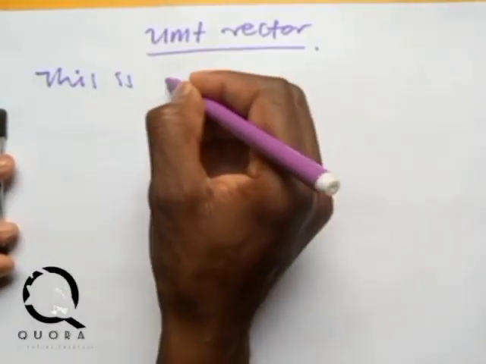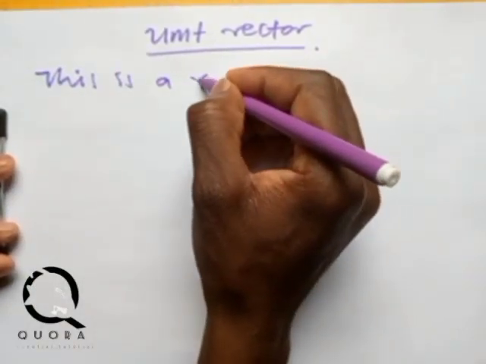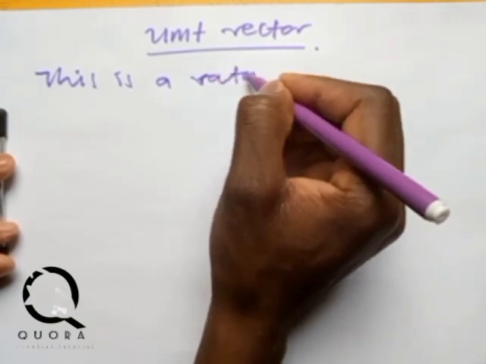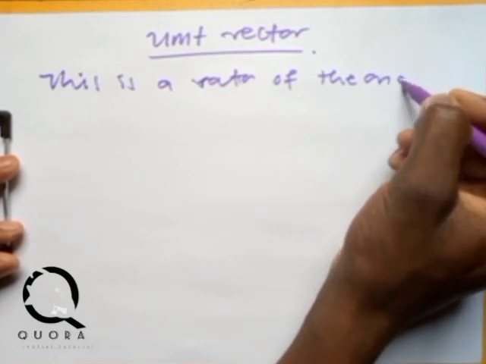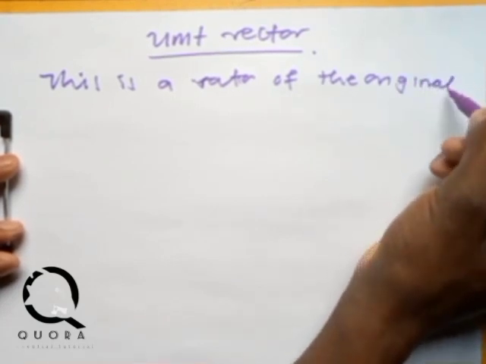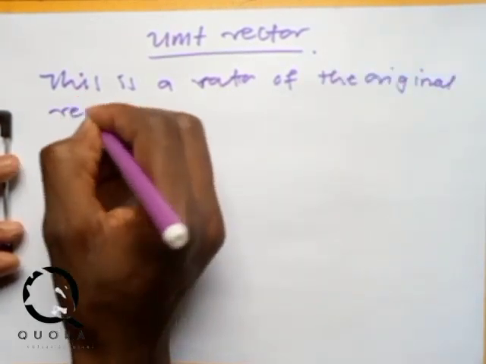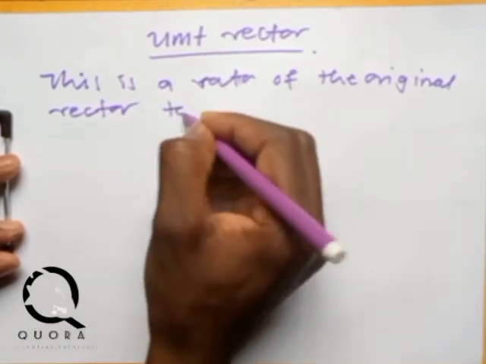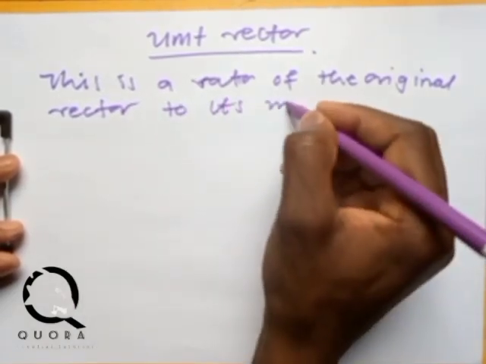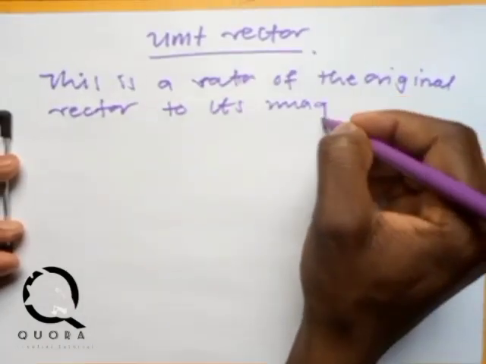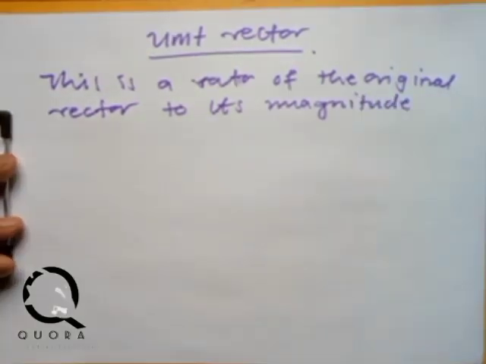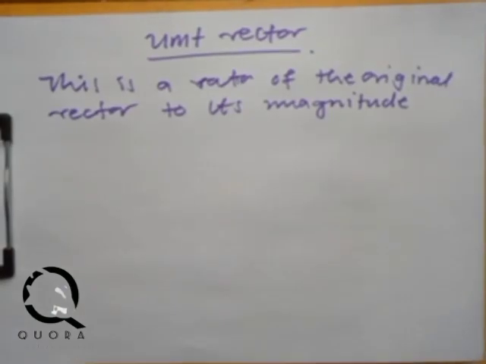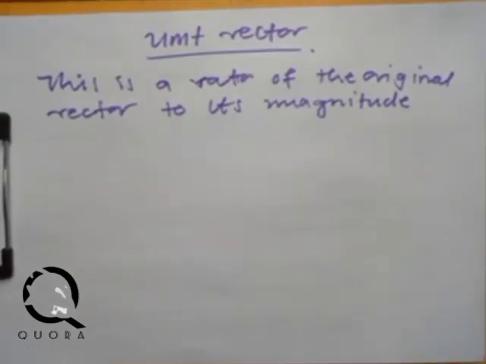This is a ratio of the original vector to its magnitude. Simple. A simple definition that you can easily understand. That's what we call a unit vector.